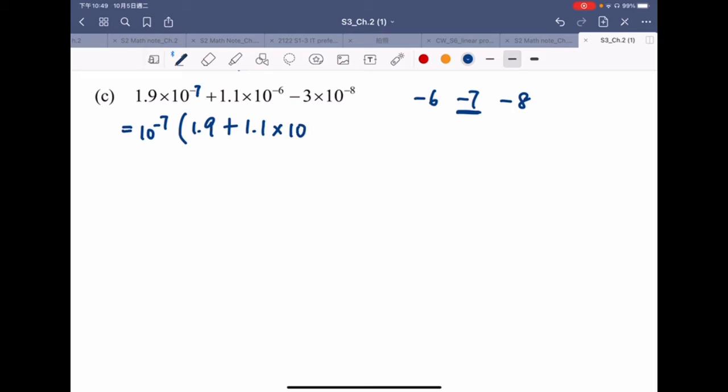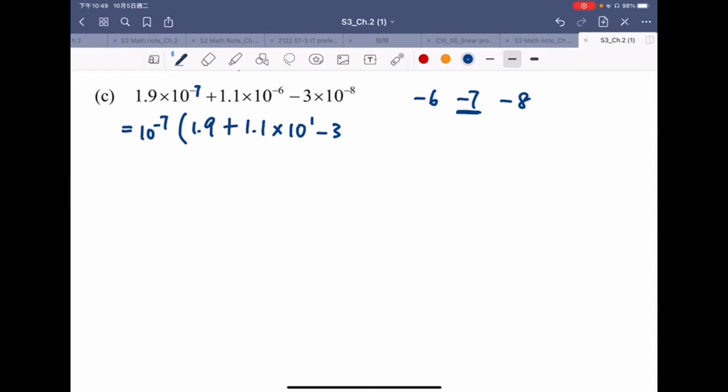Pay attention to the index. This is -6, but we have taken out -7, so what should the new index be in order to add with -7 to get -6? It should be 1. 1 minus 7 is equal to -6, okay?